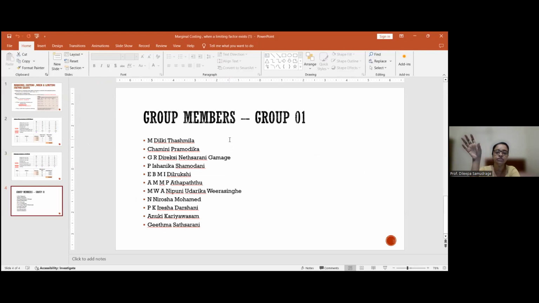Everyone should show me the group members, right? Others also, if you didn't prepare this slide, quickly prepare it. I don't need full names, just first names are enough, right? Ishanika, Dilrukshi, okay. Nipuni, Nirosha, Iresha, Anuki, Geetma. Okay. So can Anuki present the first part?